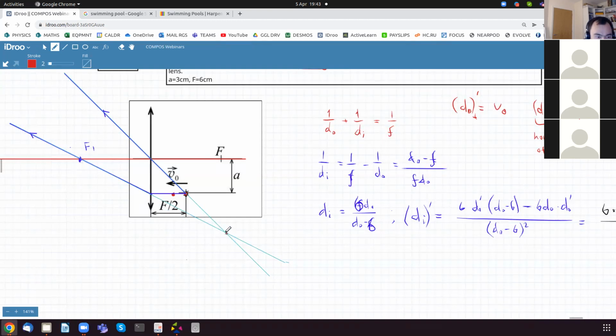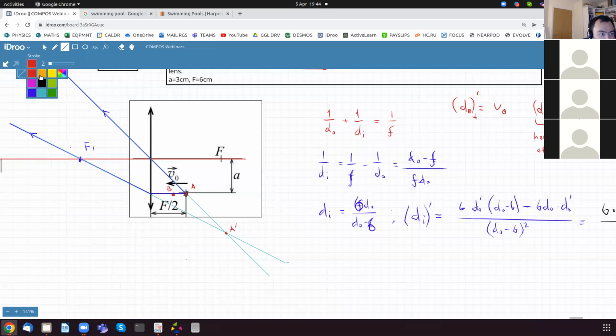This is the image of the ant. So if this is A, this is A prime.